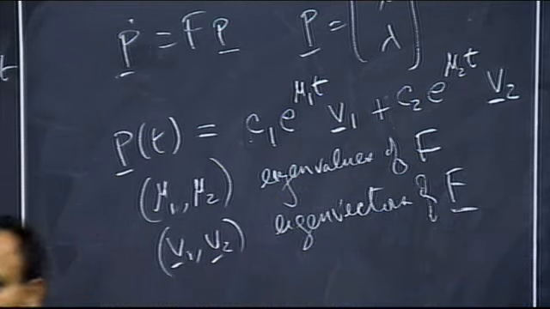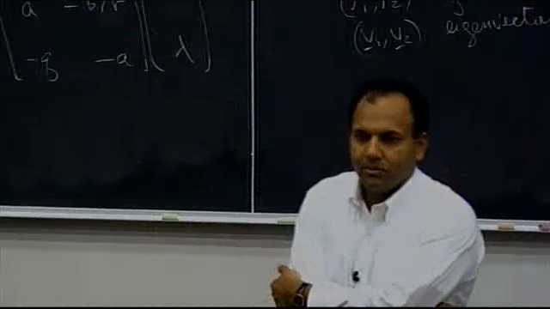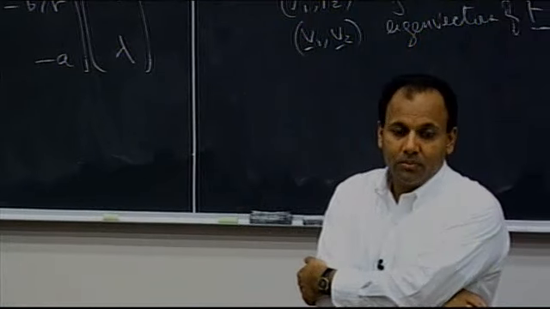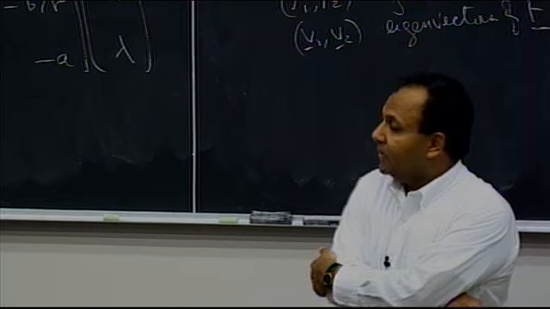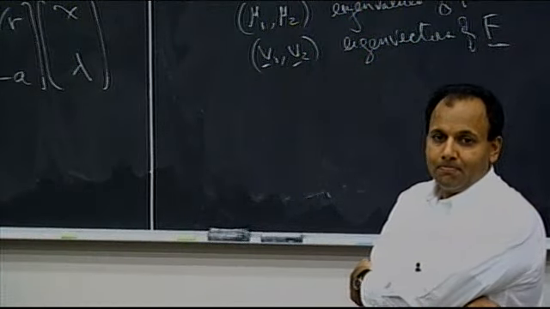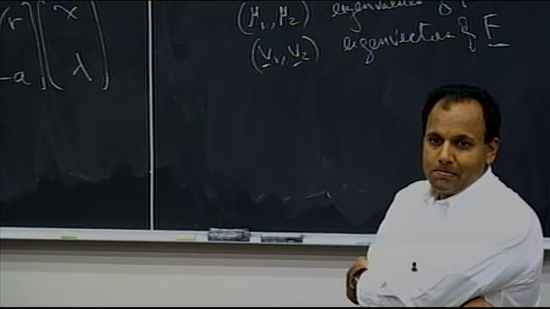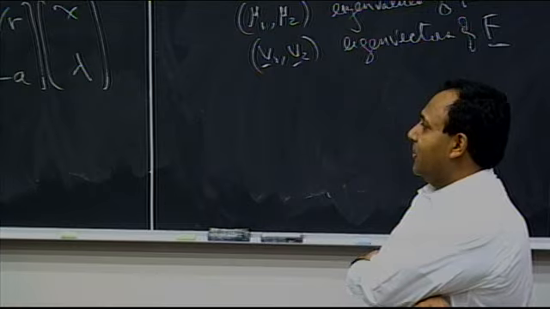All right? So now I've given you the solution. Now tell me what you need to do. We need to find mu1 and mu2. Yeah, so how are we going to figure out the eigenvalues? Don't tell me you don't remember how to compute eigenvalues.